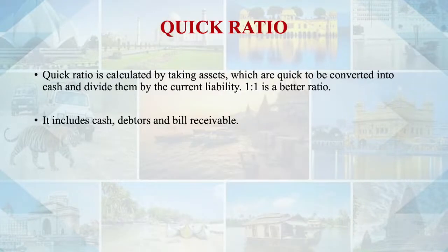It includes cash, debtors, bills receivable, and bank balance with the company. The better ratio for this is 1:1. That is, you should have enough quick assets which can pay your current liability. So the better ratio is 1:1.